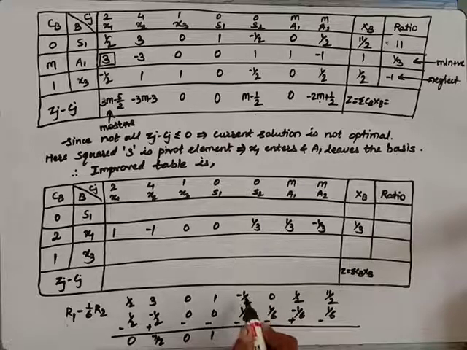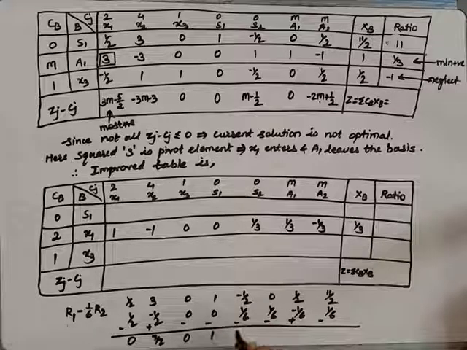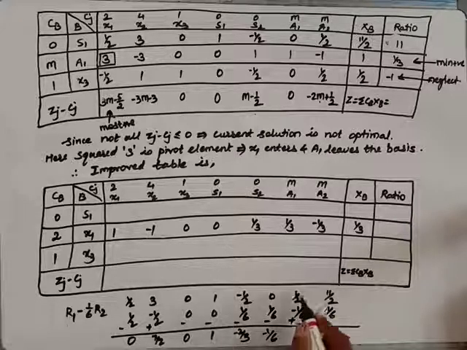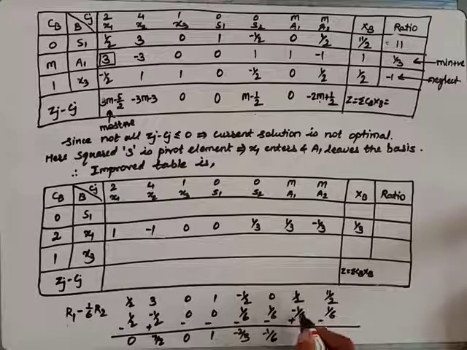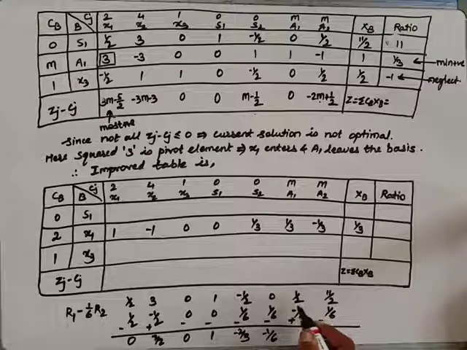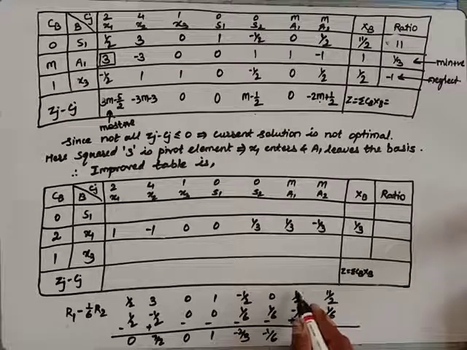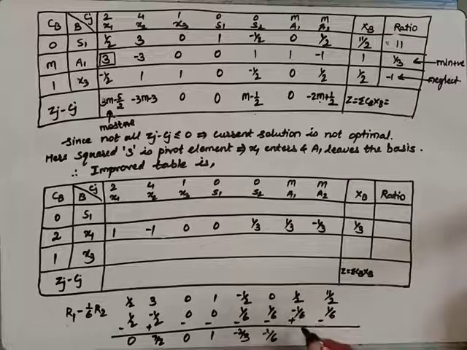So LCM will be 6. Minus 3 minus 1 will be minus 4 by 6. So it is minus 2 by 3. It is minus 1 by 6. Okay. Now here again 1 half plus 1 by 6. It is positive. LCM is 6. So 3 plus 1. So 4 by 6. So it will become.